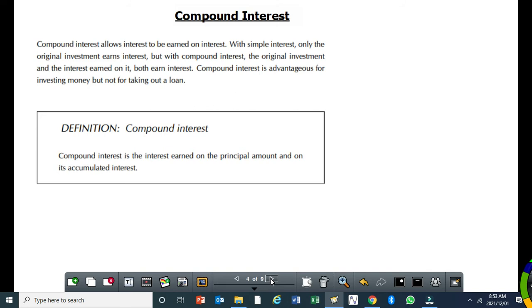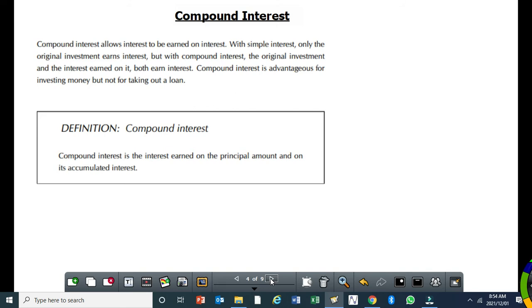I'm aware that probably some of you have heard about the word compound interest. Compound interest is a type of interest whereby the interest is calculated on the amount that has been borrowed or invested, together with the interest that also accumulated.